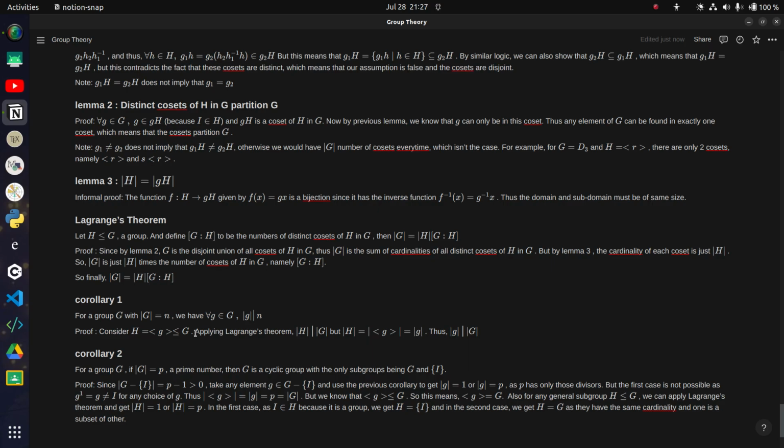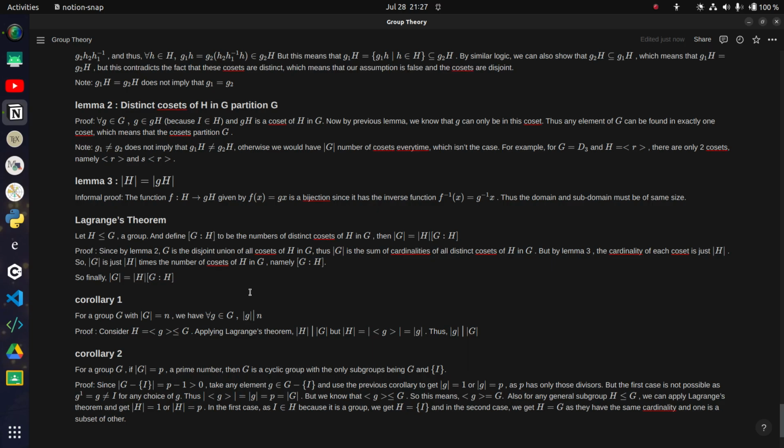The proof is just to construct the cyclic group with generator small g, the element that we're talking about, and that will be a subgroup of capital G, of course. Now applying Lagrange's theorem, we can see that the cardinality of H must divide the cardinality of G, because of the equation in Lagrange's theorem.